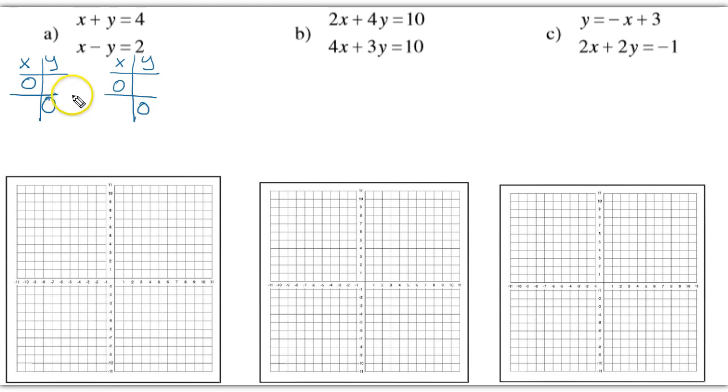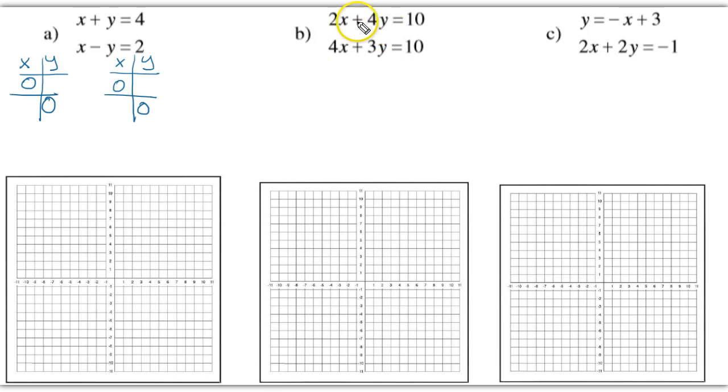And we'll give you some time. Now, this one, you could use the x and y intercept t-chart, but not really, because 4 doesn't go into 10 evenly. And again, these are all going to be fractions.